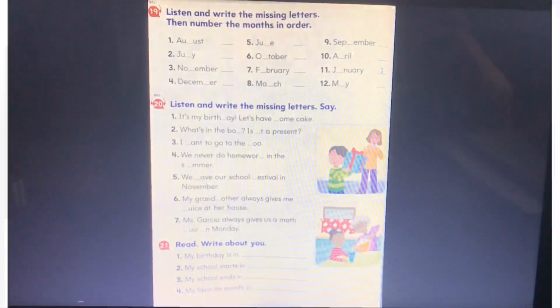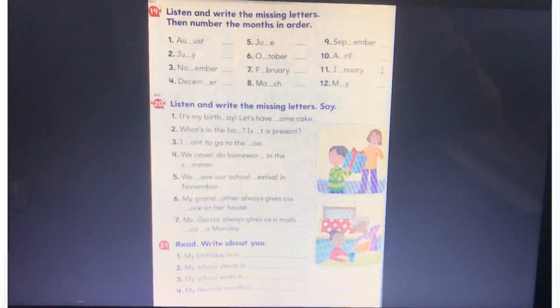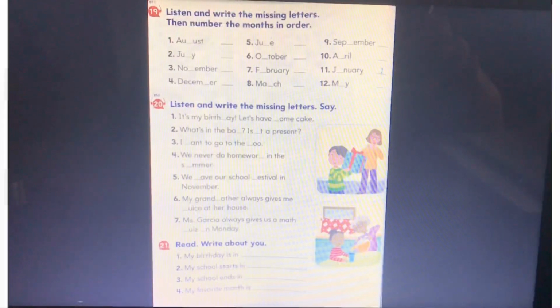Page 114. Activity 20. Listen and write the missing letters. 1, It's my birthday. Let's have some cake. 2, What's in the box?